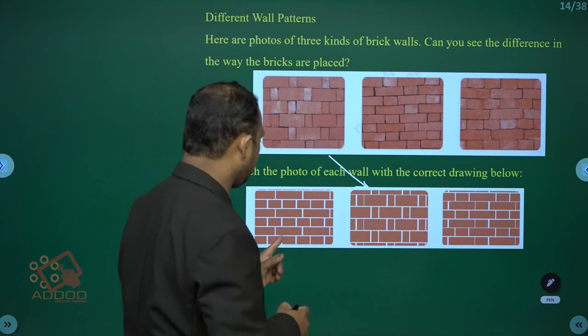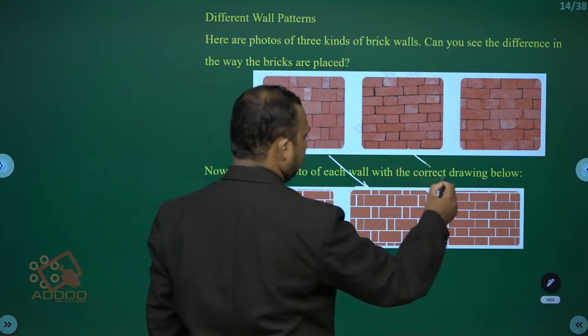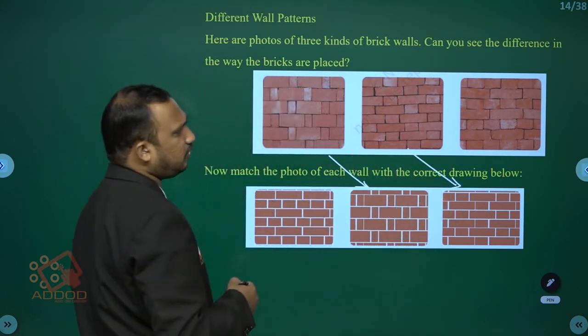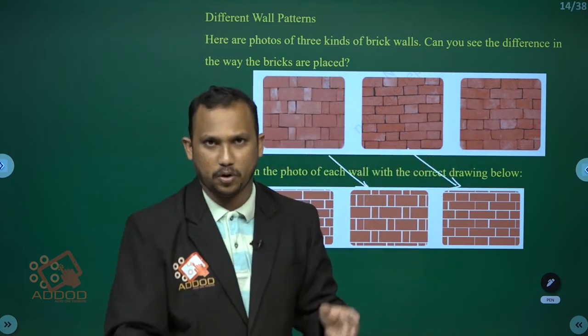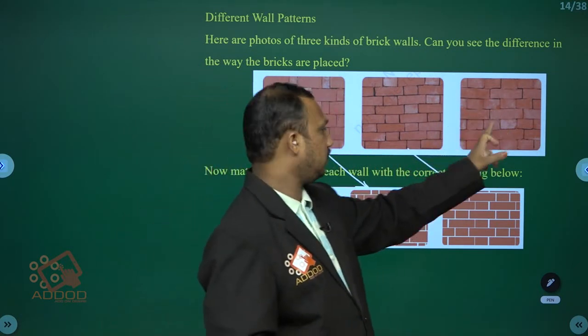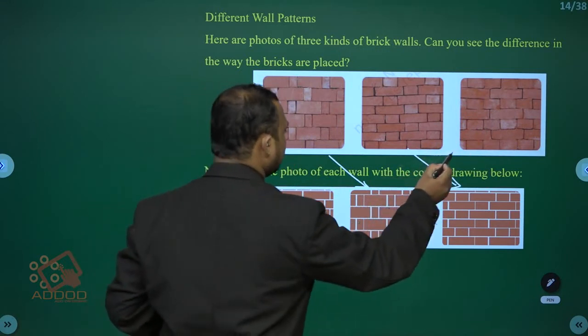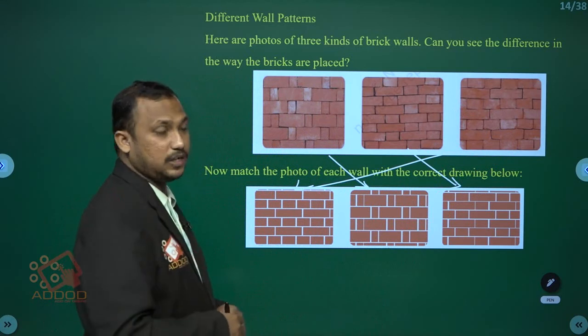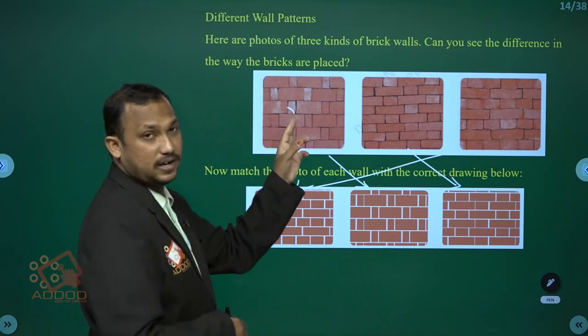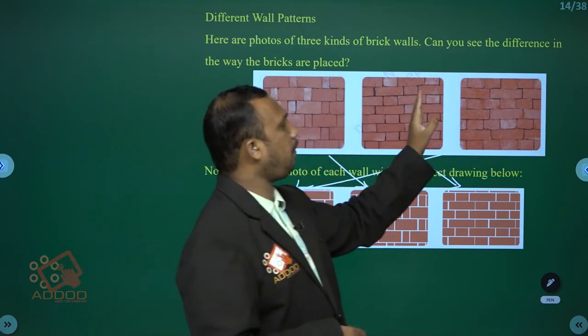This one or this? Yes, this is it. What is the last one? Rectangle, and another one where a brick was broken and kept like this. So this one will match to this. Okay, understand? So by seeing the difference in the patterns, we can observe what was different in the other images.